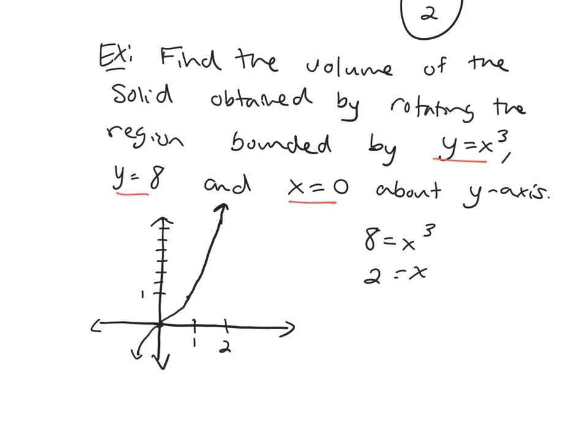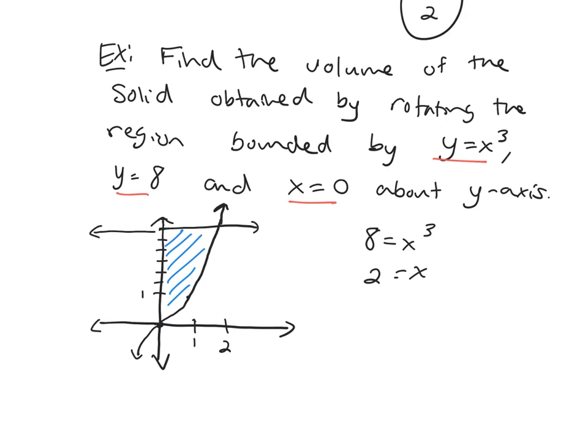So then if I graph y equals 8, it's going to be this line here. And then x equals 0, that's the y-axis here. So my region that's bounded by all of these, that's this region right here.